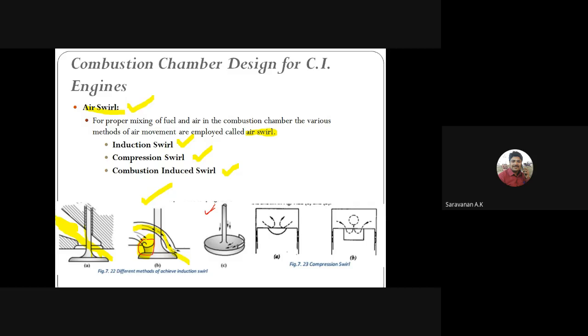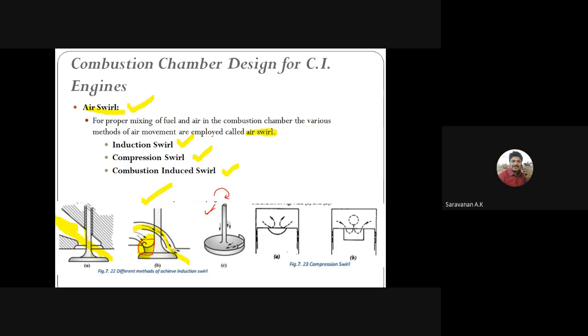For the best tangential direction of air movement, it can be obtained by turning the valve around its axis. The valve will rotate while it is opening.